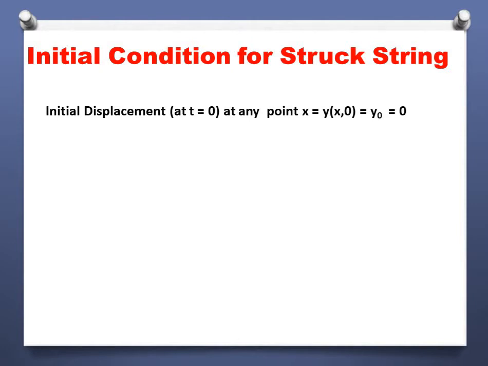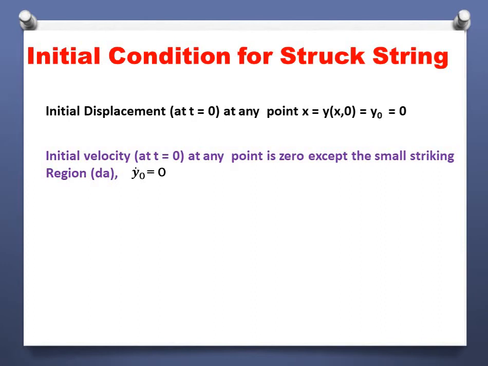Now the point of contact is not all over the string, only the particular element dA. So the velocity will be 0 everywhere except in that element. So we can write the initial velocity at any point is 0 except in a small striking region.